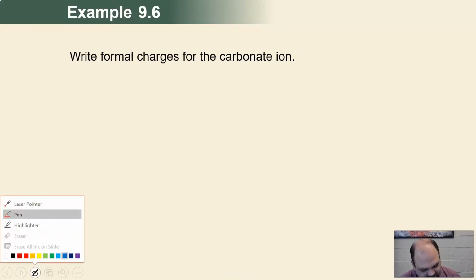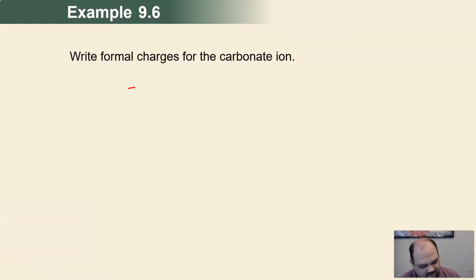Well, we've done carbonate already. We know that carbonate is a carbon like this. We did this a few slides ago with a 2- charge, right? That is our Lewis structure for carbonate.